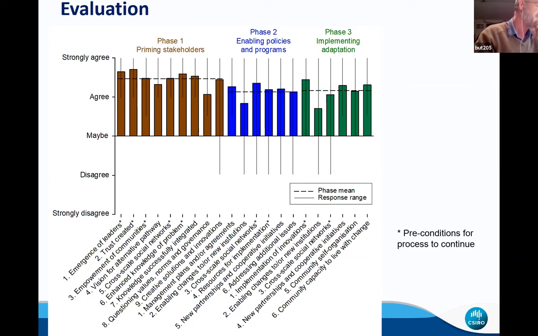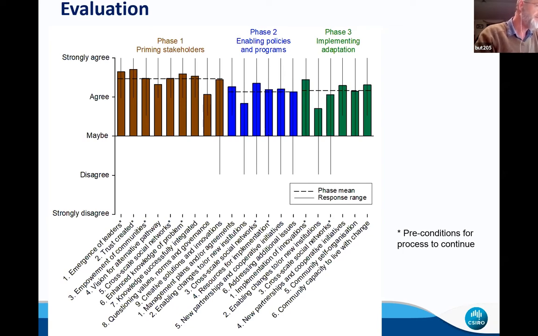And then in the second phase, there was another set of indicators looking particularly at resources for implementation, which was important for the process to continue, because if you don't have resources, nothing happens, it just falls flat on its face.